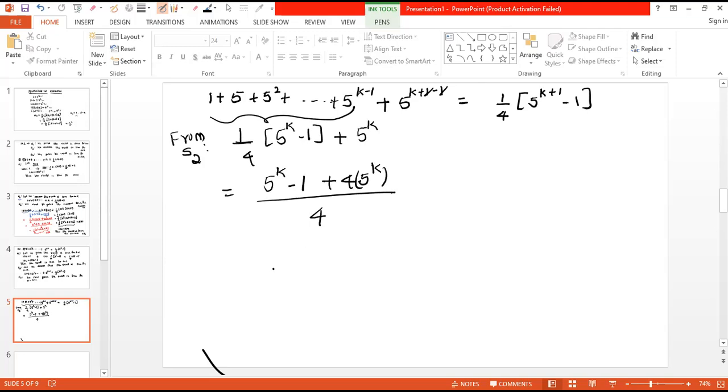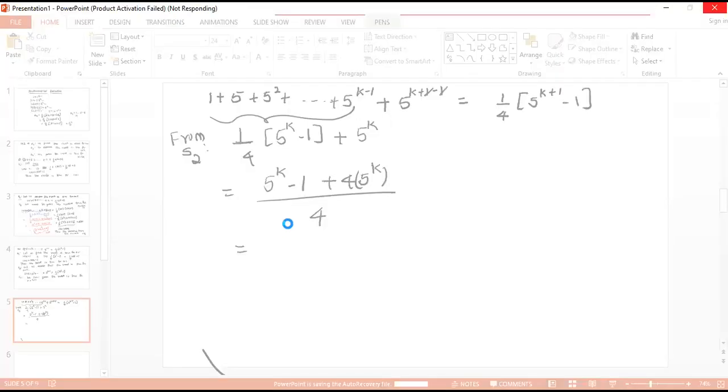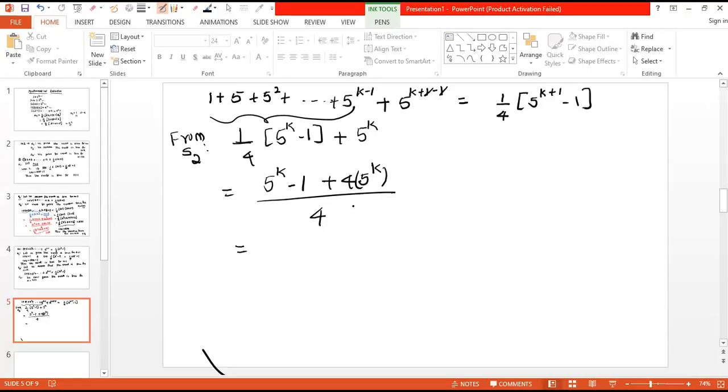All right. Now you can observe again here, I have got 5 to the power k and 4 into 5 to the power k. This will become 5 times 5 to the power k minus 1 divided by 4. So this is simply 5 to the power 1 and 5 to the power k. We can write it as 5 to the power k plus 1 minus 1 by 4.